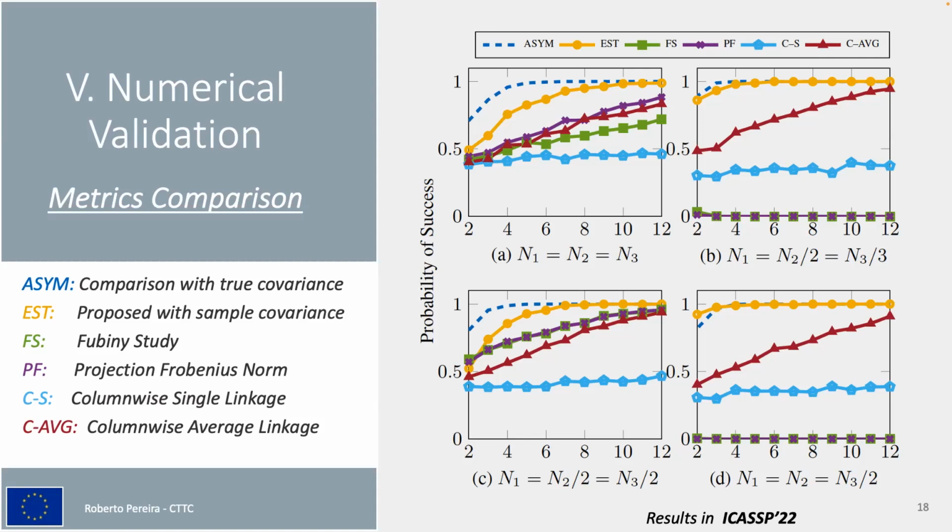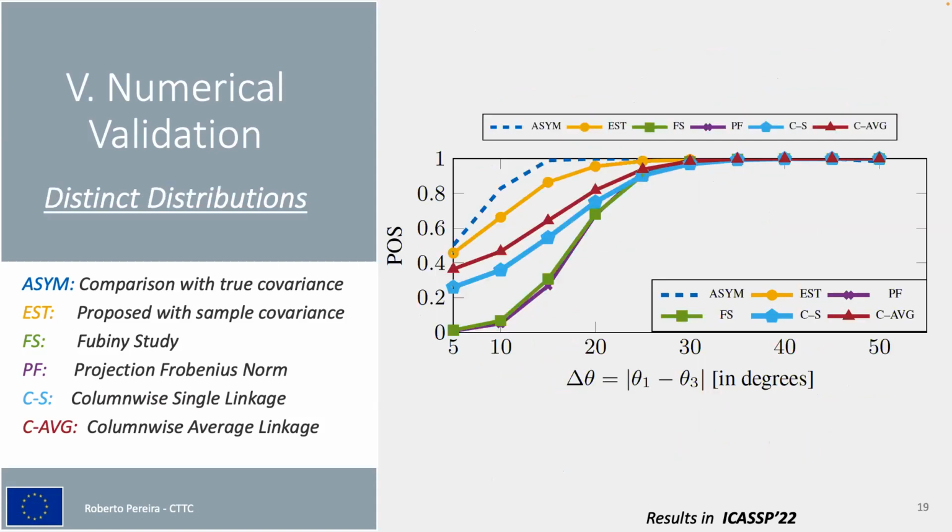And the yellow curve basically represents the case where I have an estimated covariance matrix, and the other ones represent a comparison metric. So the idea here, in short, is that in different scenarios, our two proposed methods still overcome the generic metrics that are proposed in the literature.